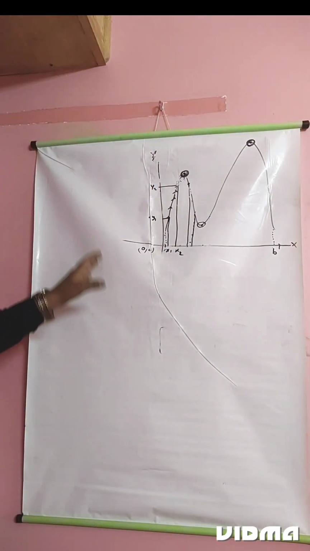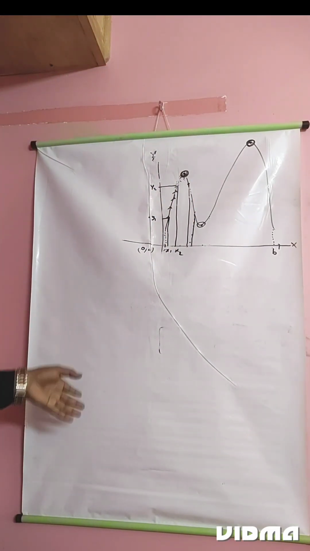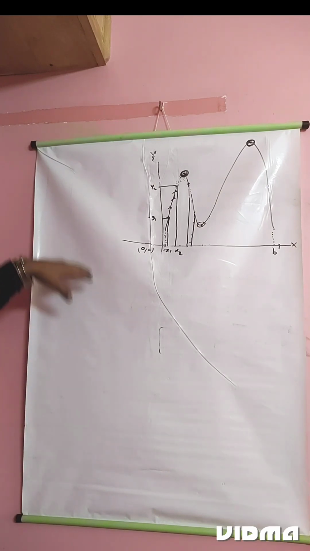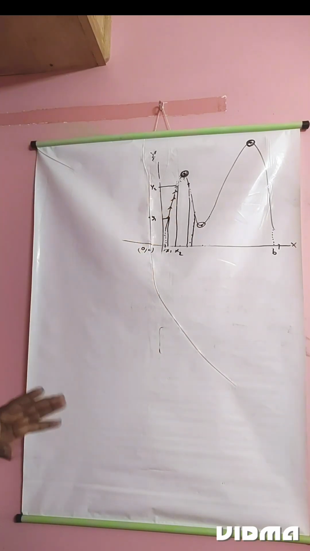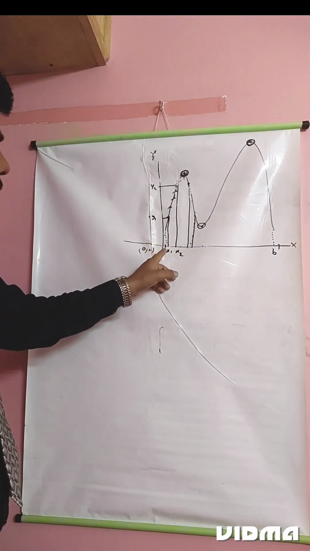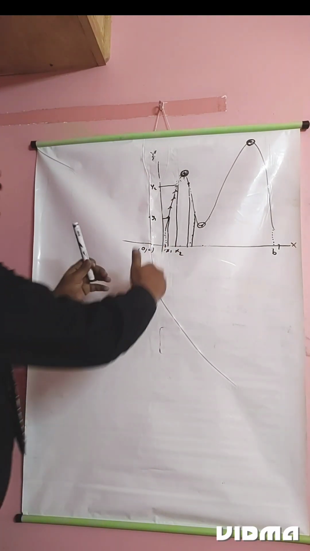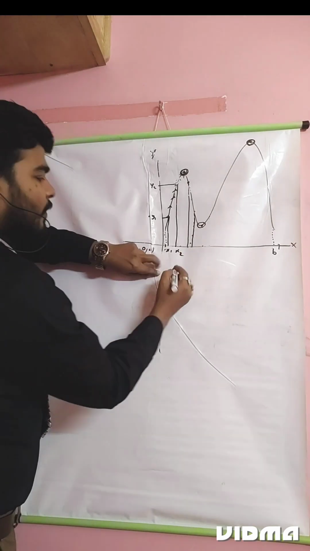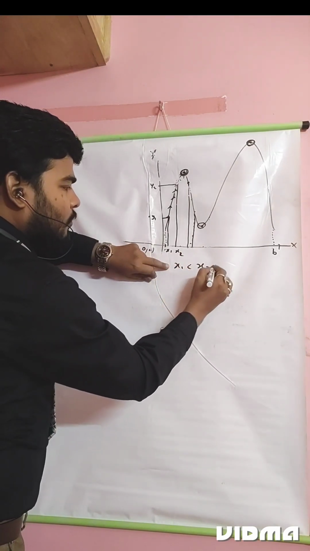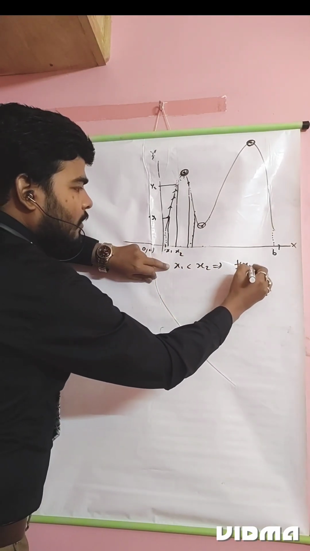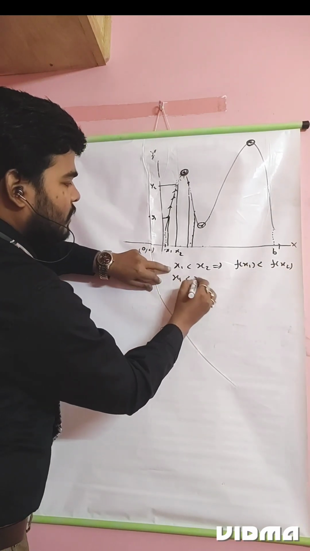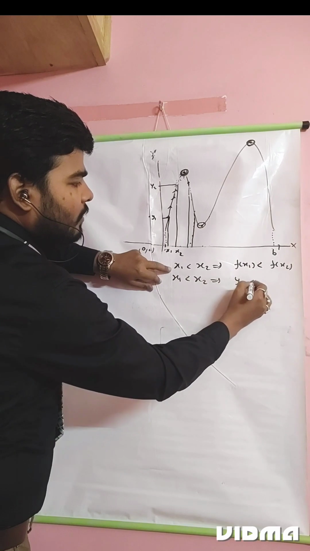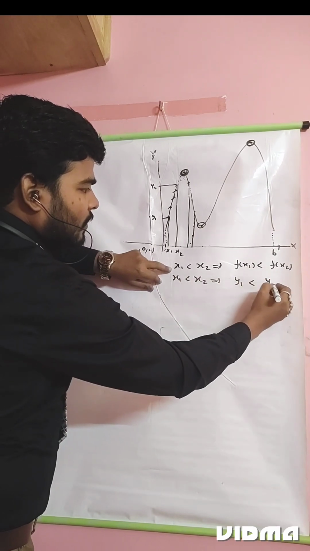According to the property, a function is called increasing if as the value of x increases, the value of y also increases. That means when x1 is less than x2, this implies f(x1) is also less than f(x2). That means x is increasing, so y is also increasing.